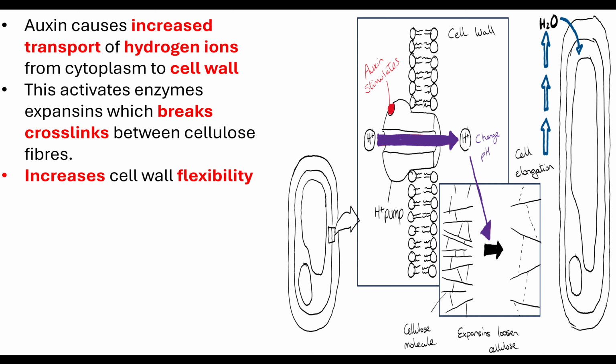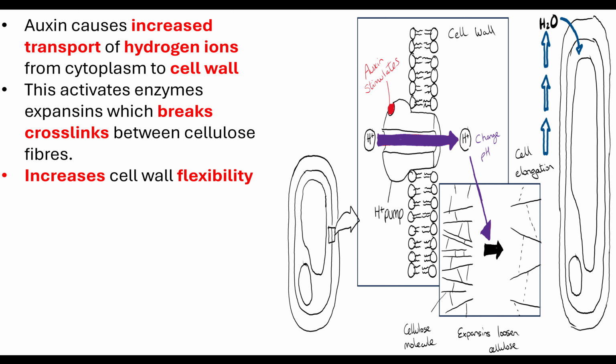By making the cell wall more flexible, the cell can now take in more water and it starts to elongate, it starts to get bigger, and that is obviously going to cause pressure and cause that bending. If one cell on one side is longer than another, that will cause this strain, which will cause the bending towards the light.